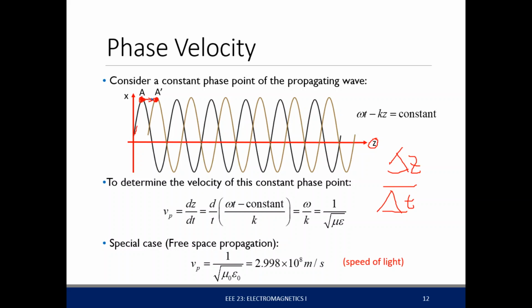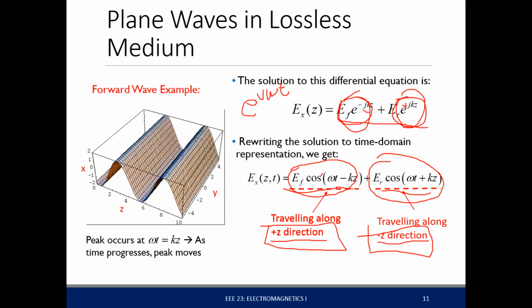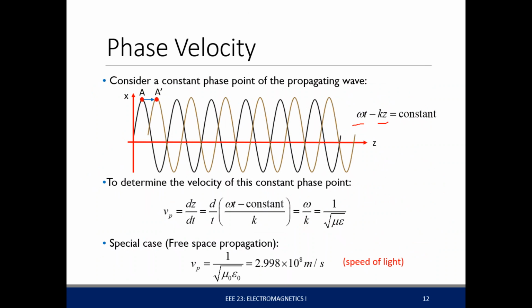So consider this point. This point is actually a constant phase on this traveling sinusoid right here. If this is a constant phase, then omega t minus kz, since this is the phase inside our cosine function, is also constant if we're tracking that phase. Rewriting that, we want to isolate z.